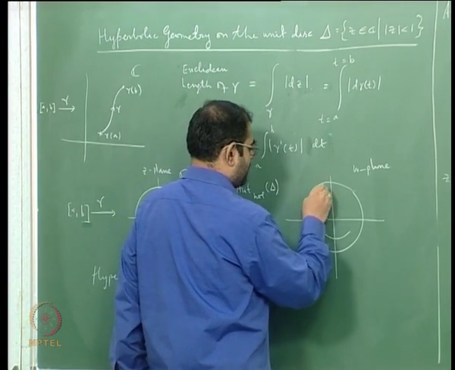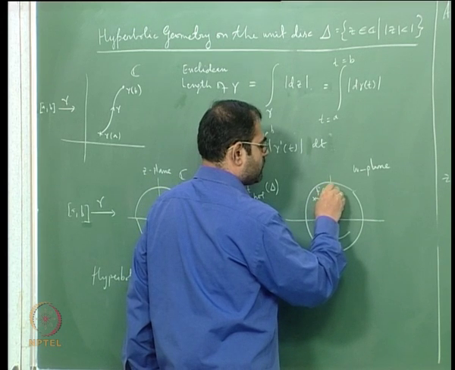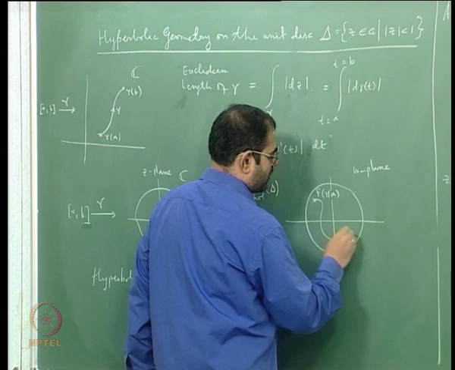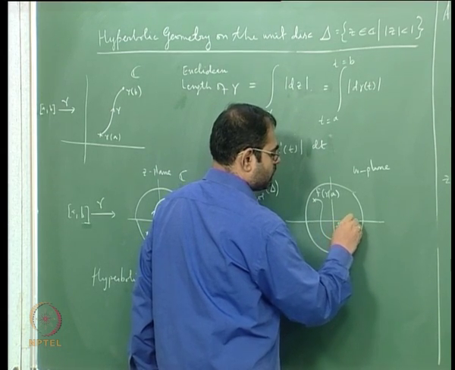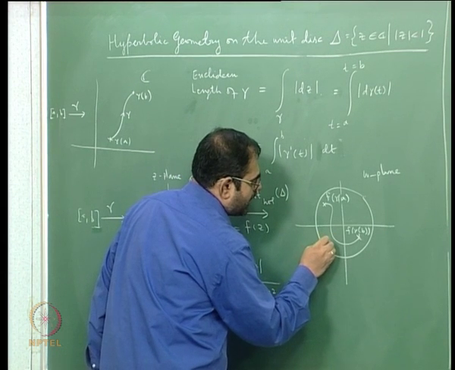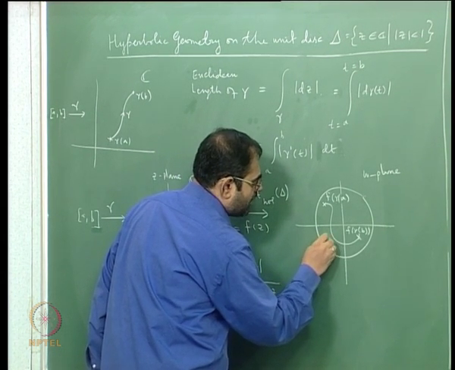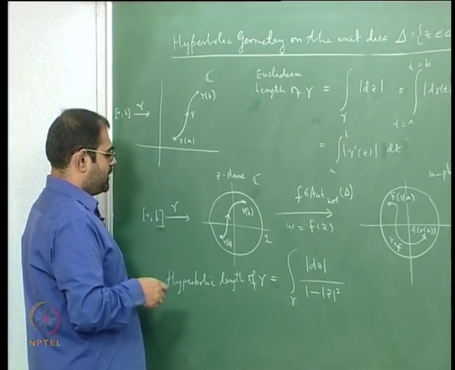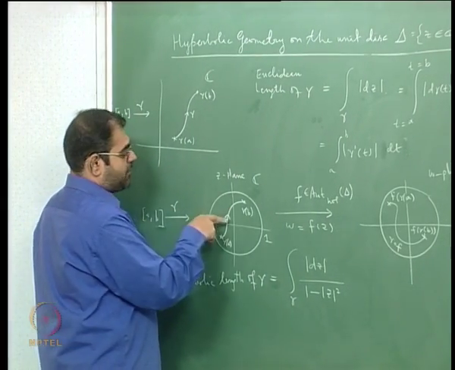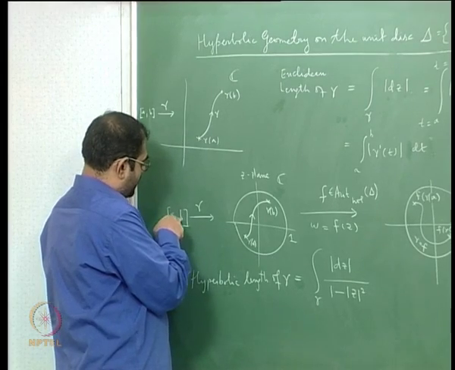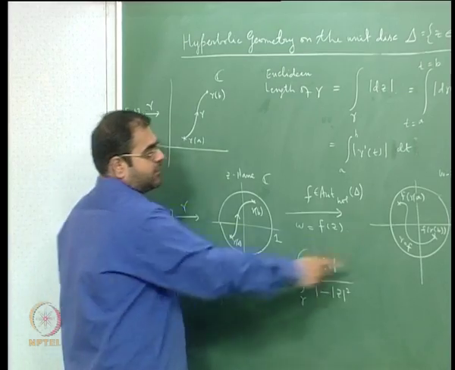The starting point will be f of gamma of A, and the ending point will be f of gamma of B, and I will get this path, which is gamma followed by f. You first apply gamma, then you apply f, and you get a path from the closed interval AB into the unit disk.